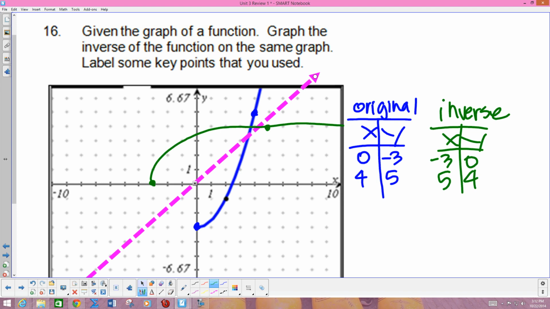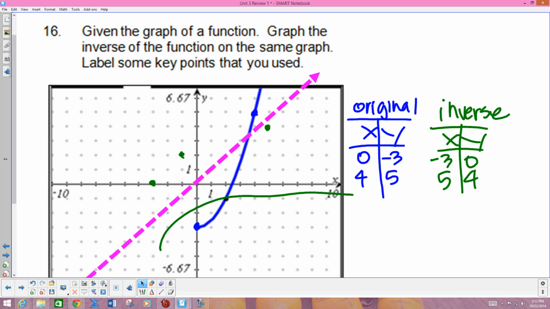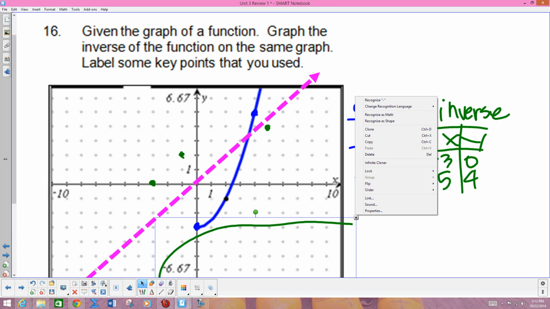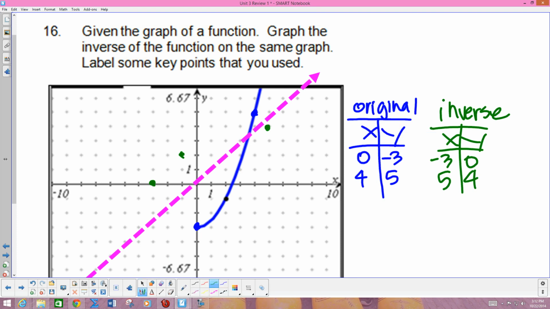So it's a positive 2, a negative 1, negative 1, positive 2. So go through that. We need to get rid of this. So we're going to drop a few points.